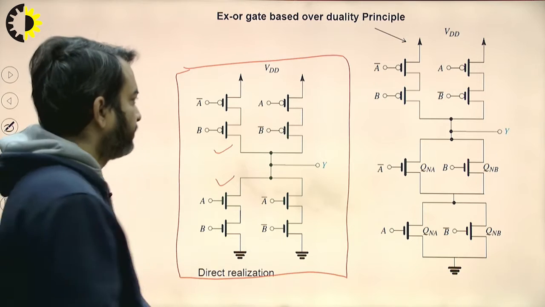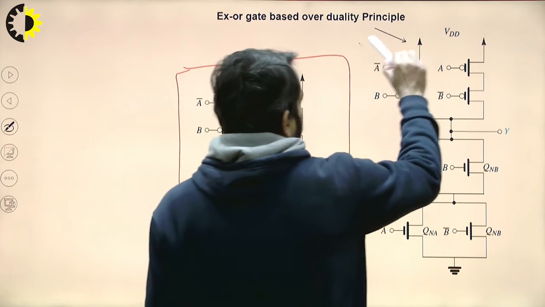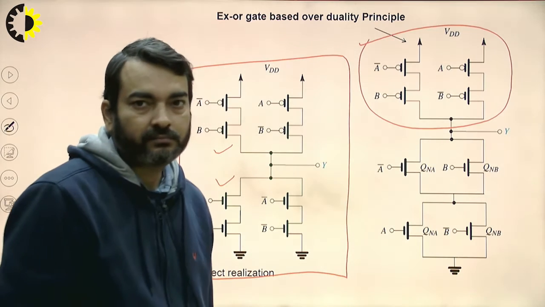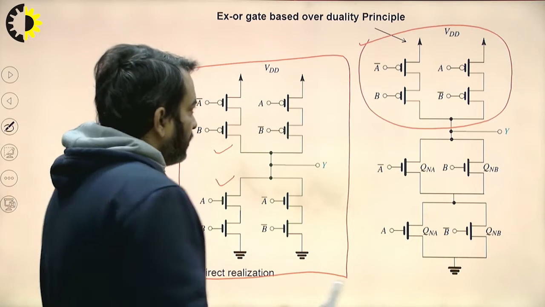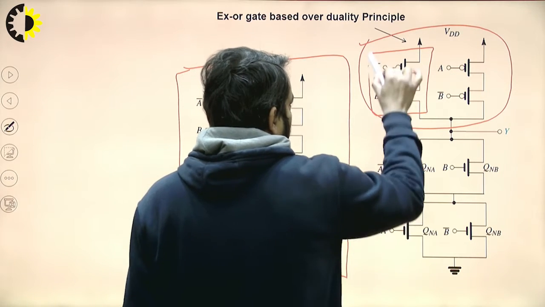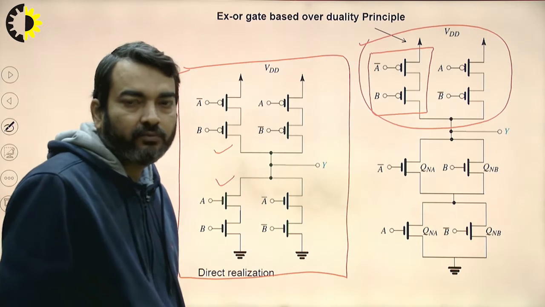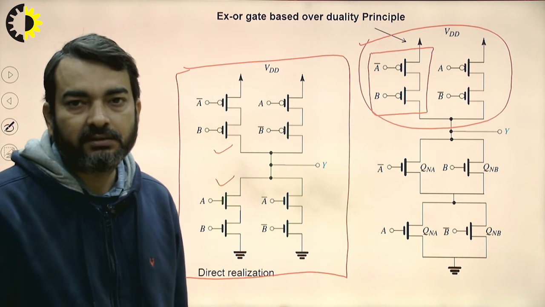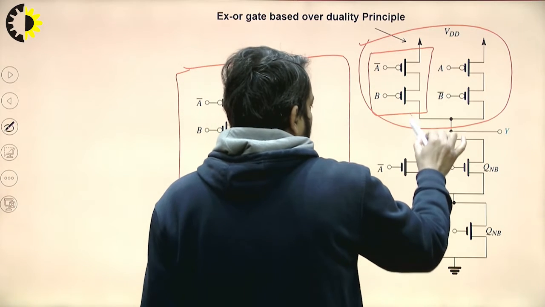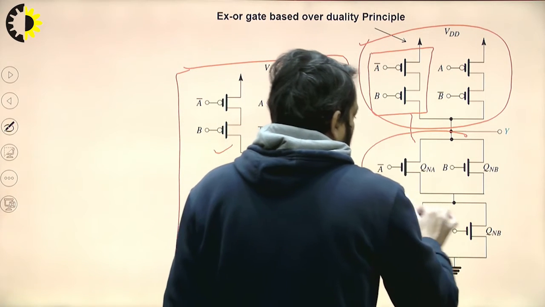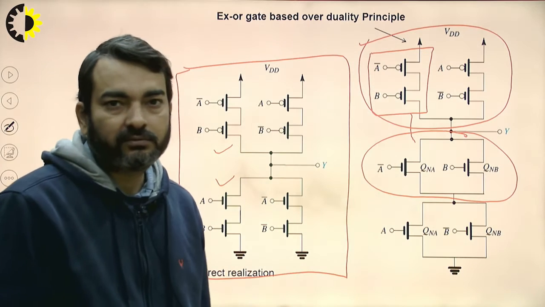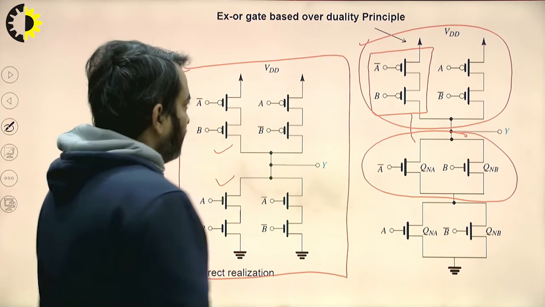So here, let's say we have realized the pull-up network. In this pull-up network, we have a sub-network where two PMOS are connected in series. This series connection will be replaced by a parallel connection of two NMOS transistors in the pull-down network.